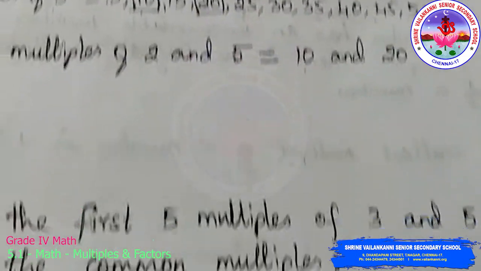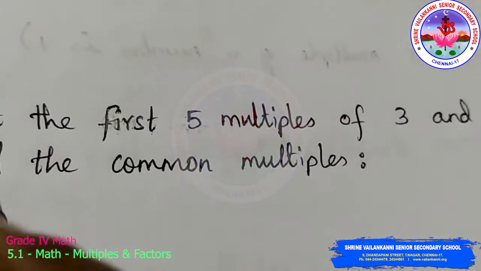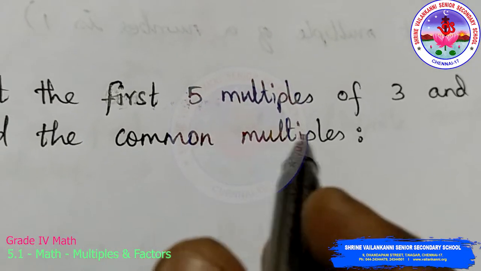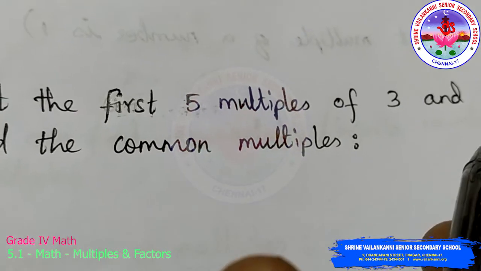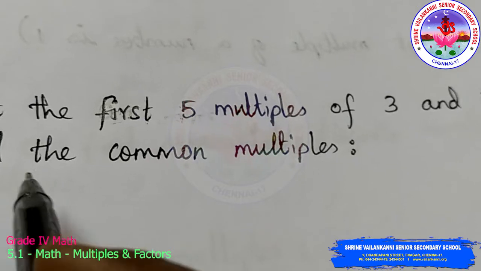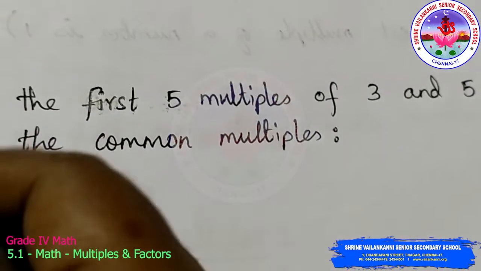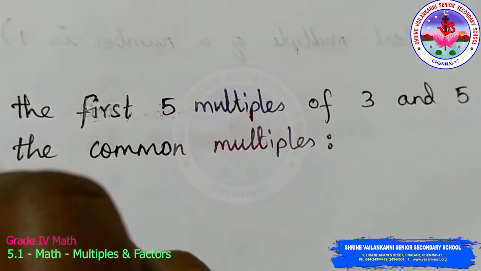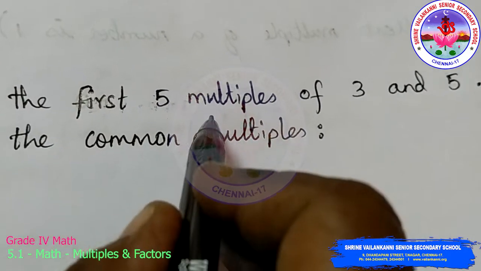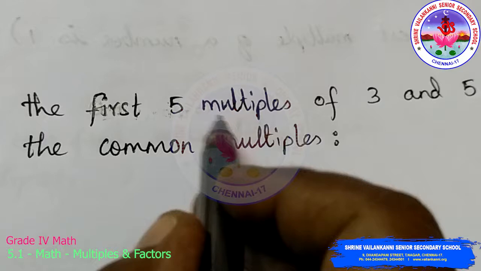Okay, so I'll show you one more sum. List the first 5 multiples of 3 and 5, and then find the common multiples of 3 and 5. Here they have asked us to find only the first 5 multiples.